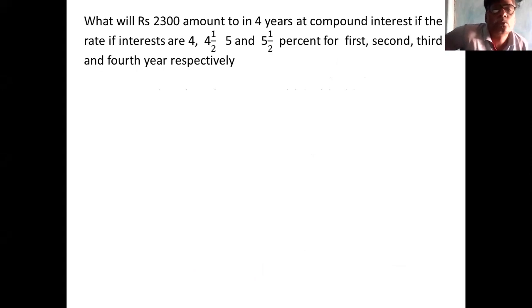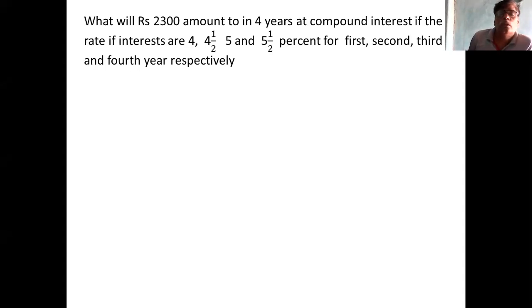What will rupees 2,300 amount to in 4 years? 2,300 is the principal, and they asked to calculate the amount. The period is a total of 4 years.